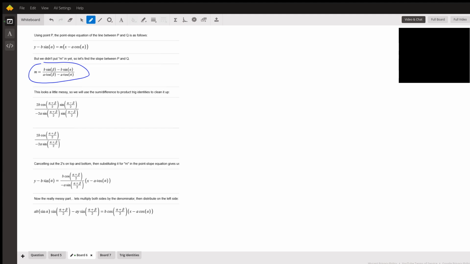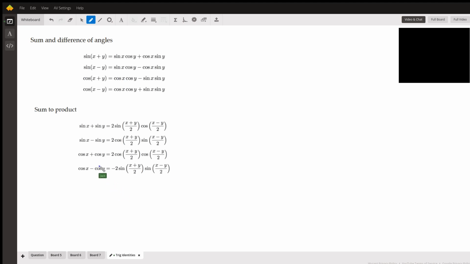And that looks pretty rough, but we're going to clean it up a little bit by using one of our trig identities, which I have in this tab. Notice we have the difference of 2 sines and then the difference of 2 cosines, and that is our sum to product, really difference to product. So we're going to be using the difference of sines and the difference of cosines to rearrange our slope into this. And we can simplify this because we can cancel out a common factor on the top and bottom.